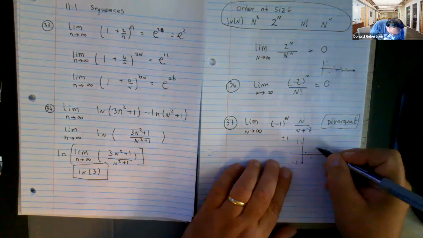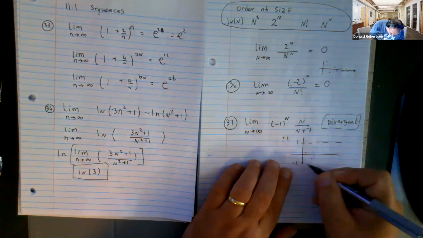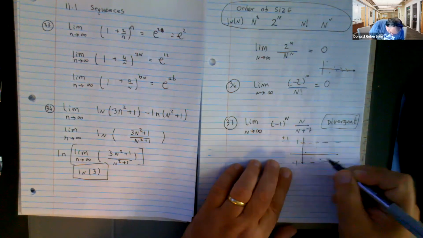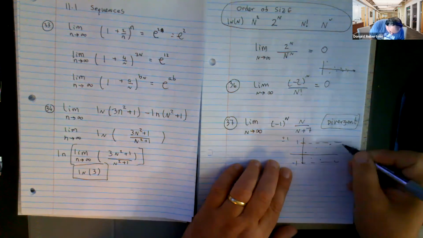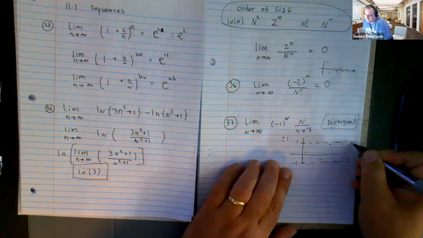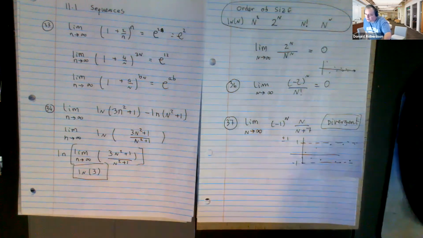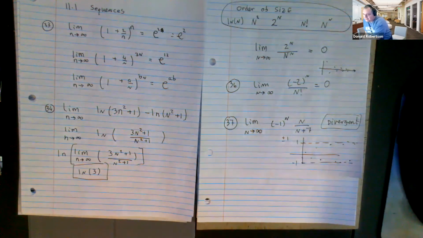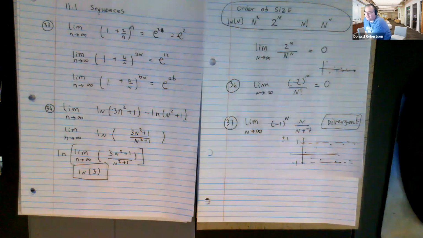Put it as low dotted lines. Can you see that it would get closer and closer to 2 different numbers? It would get really close to +1, but the next number would be even closer to -1, and the next one would be even closer to +1.